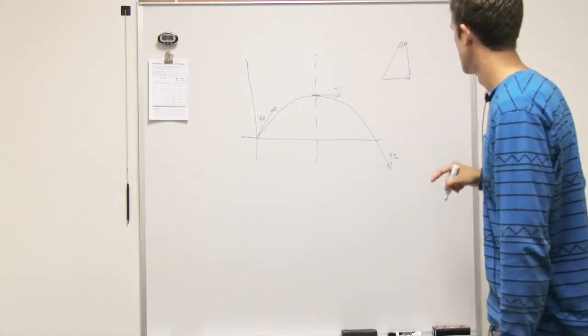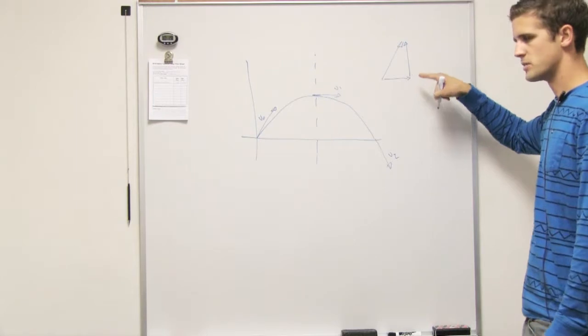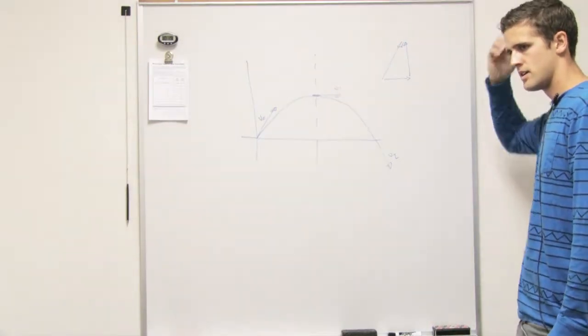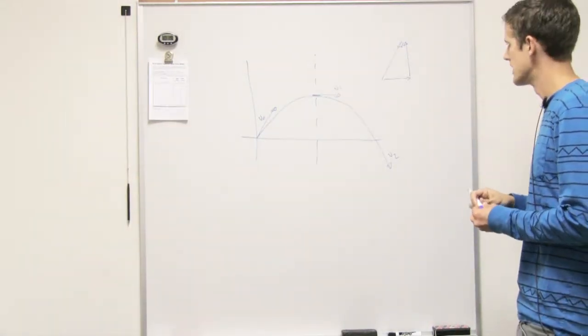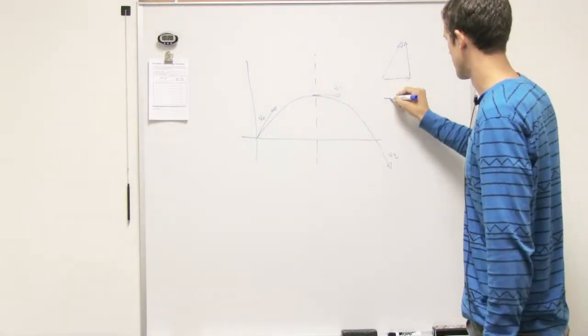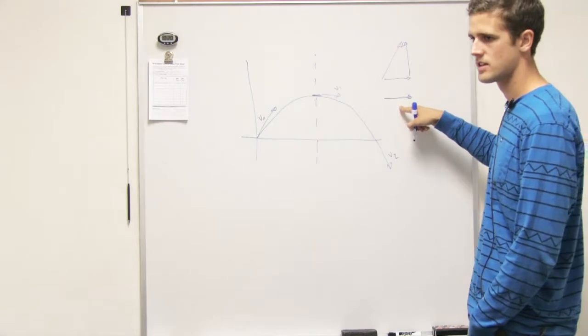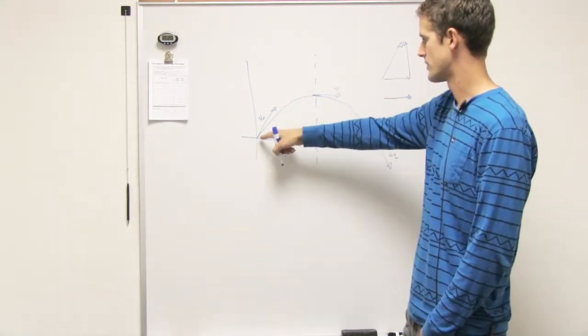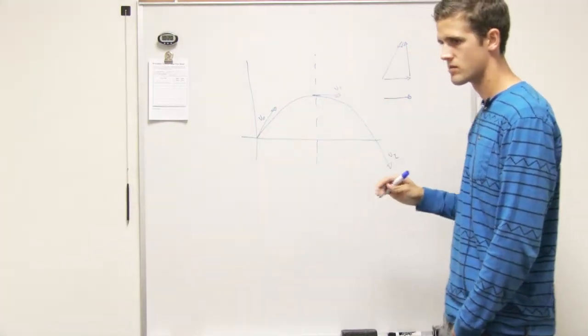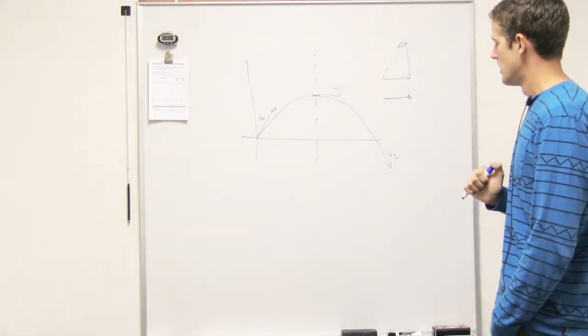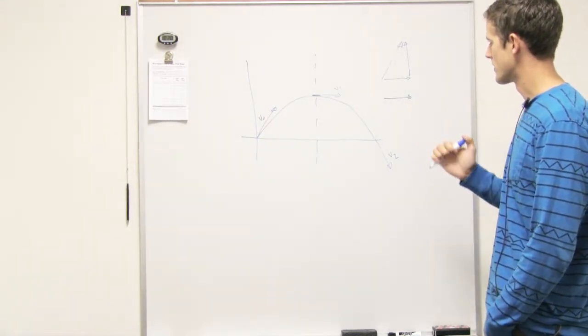Right. And what happens to the Y when you reach the peak? It levels off. Yeah, so it goes down to 0 and you end up with a V1. Since the X velocity doesn't change, V1 will actually just be the X portion of this. Okay. So yeah, V naught would be greater than V1.